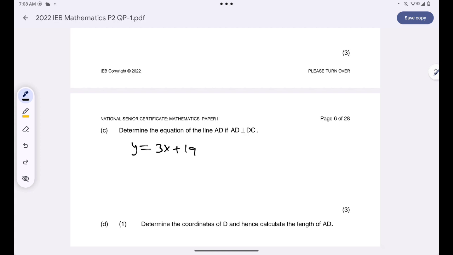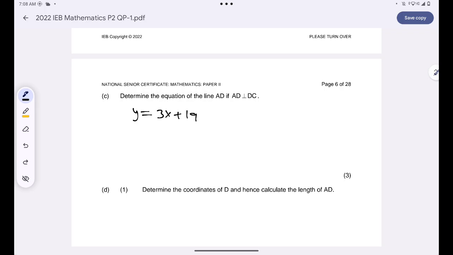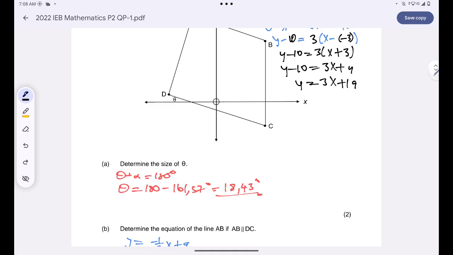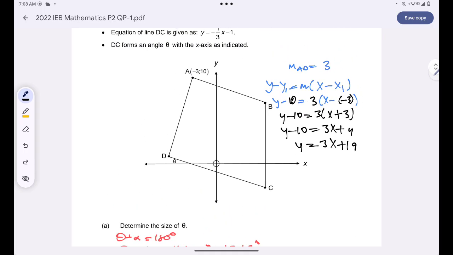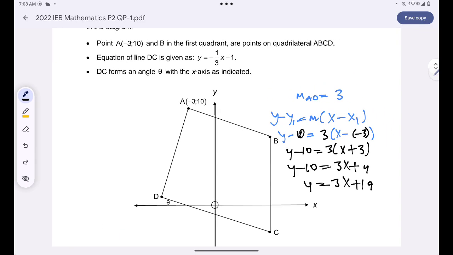Okay, now I'm supposed to determine the coordinates of D and hence calculate the length of AD. The coordinates of D is the point of intersection of line AD and line DC. For me to find the point of intersection, I just need to equate the two graphs, right? How can I do so? The equation of line DC is y equals 1 over 3 x minus 1, and the equation of line AD is y equals 3x plus 19. Are we together?